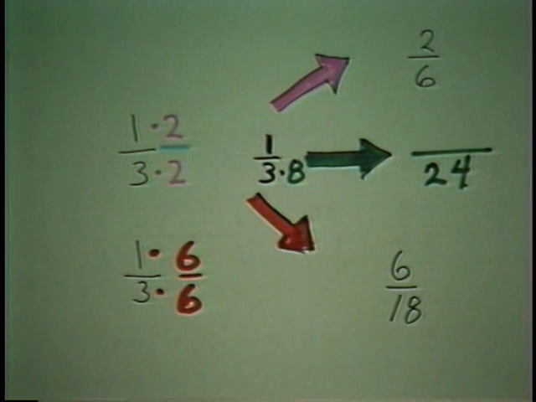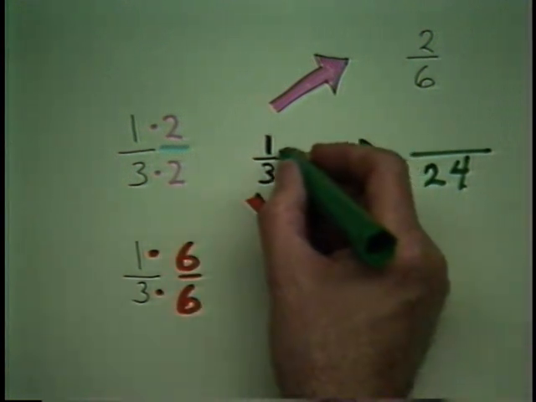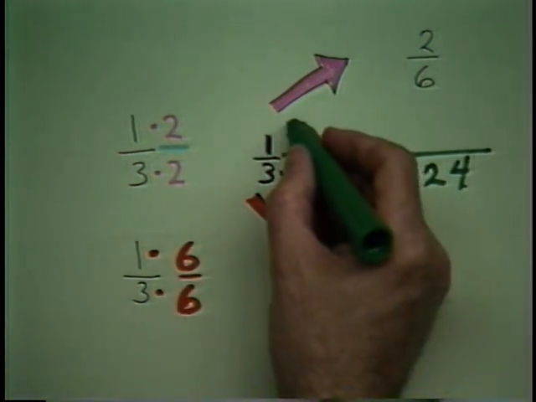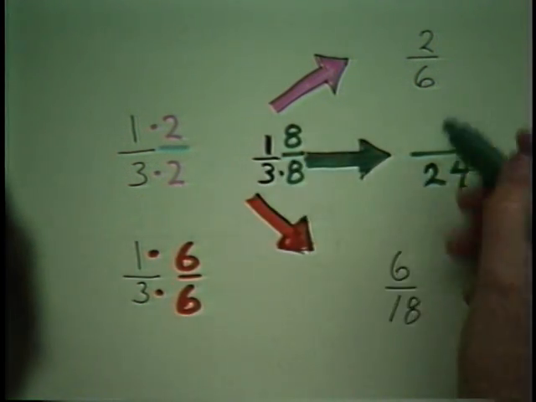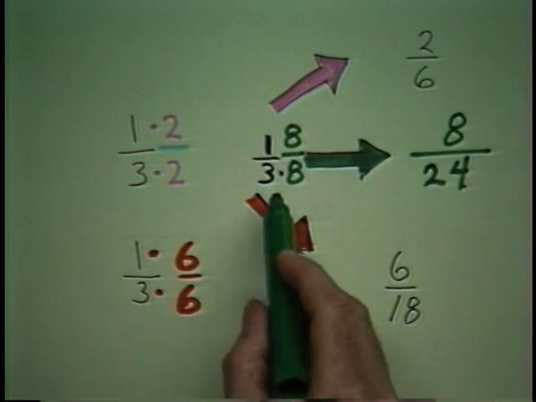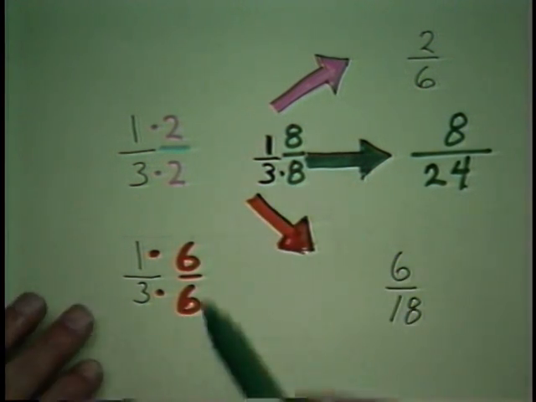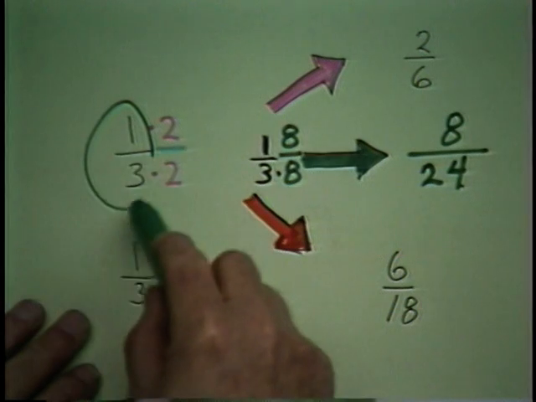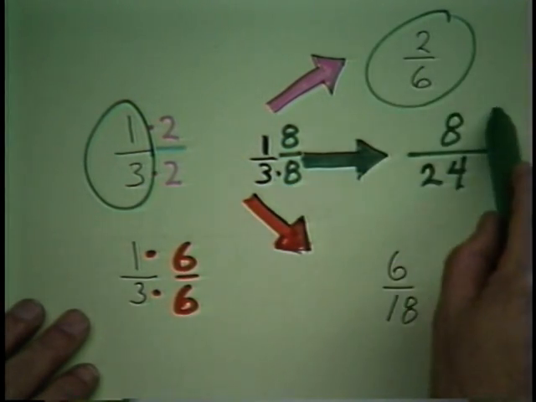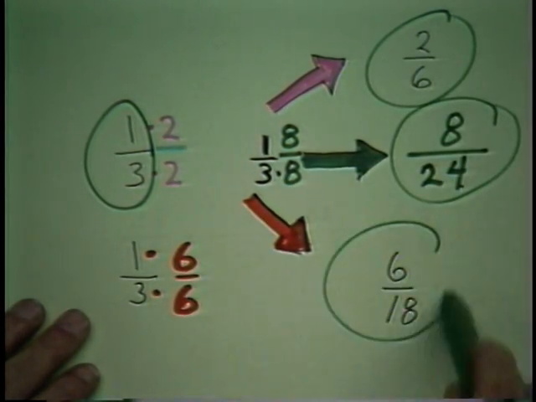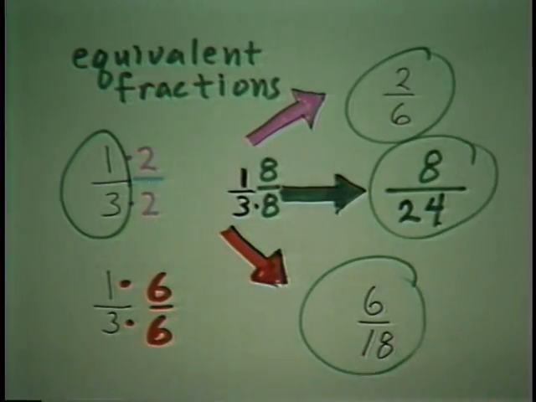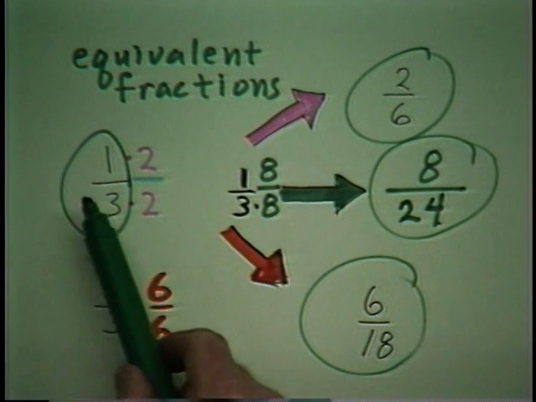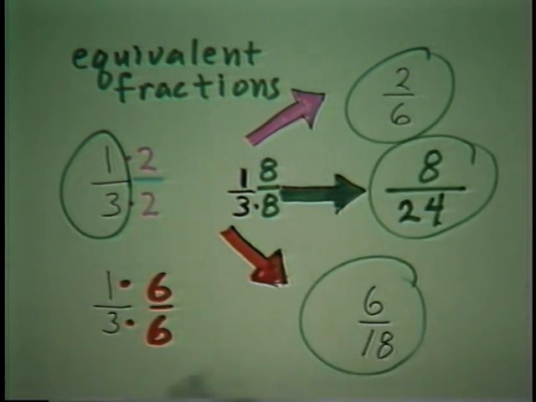But the fraction building law says, fine, multiply it by 8, providing you multiply the top by 8. And of course that gives me 8 on top and 24 on the bottom. So the fractions 1/3, 2/6, 8/24, 6/18 are all equivalent fractions. That is, even though they look different, they all have equal value.